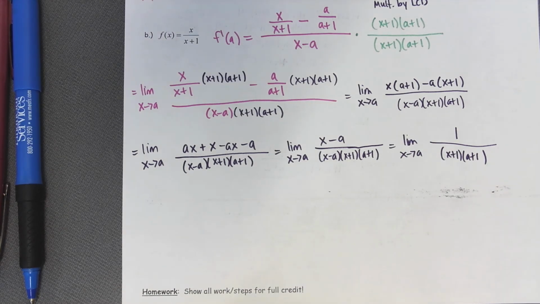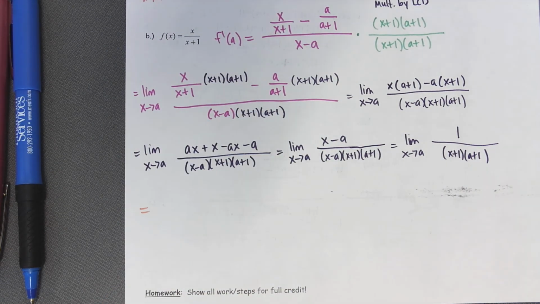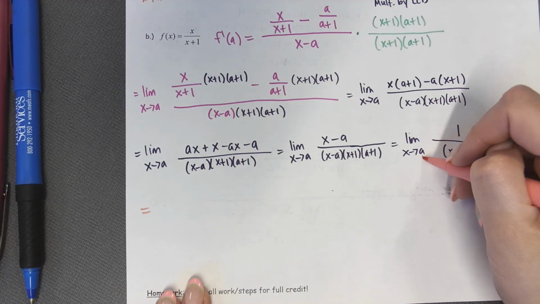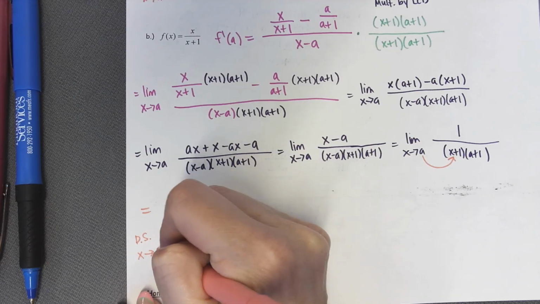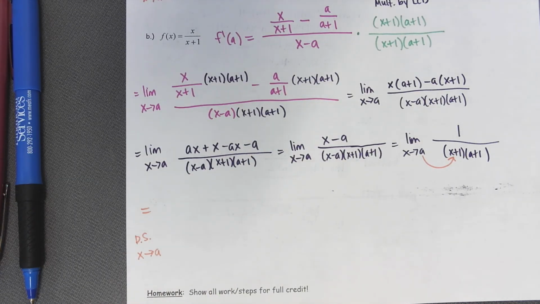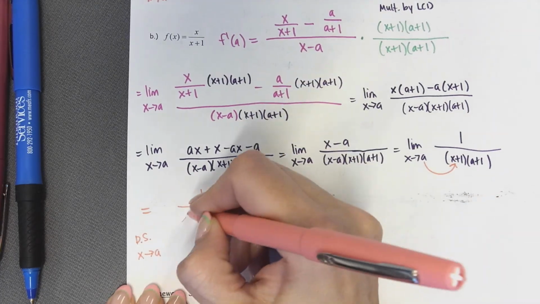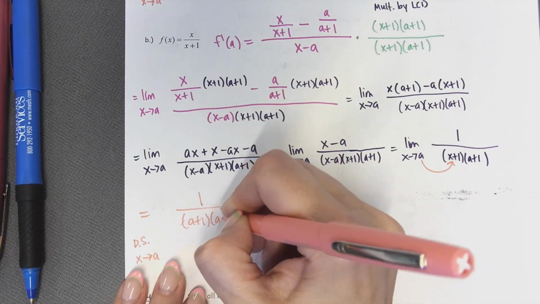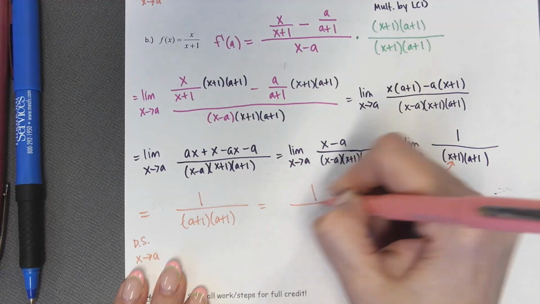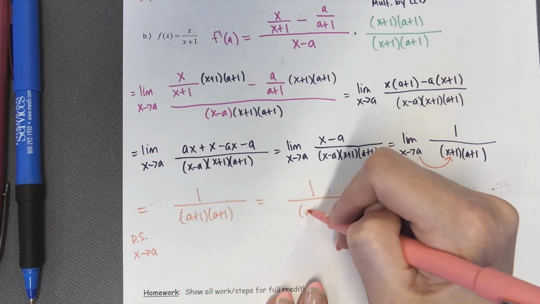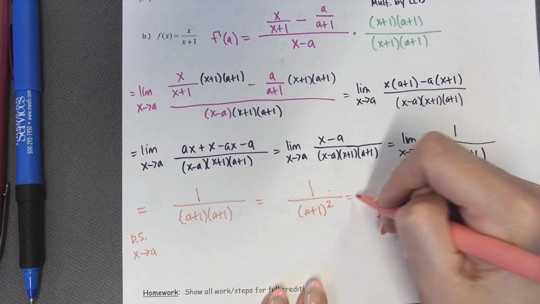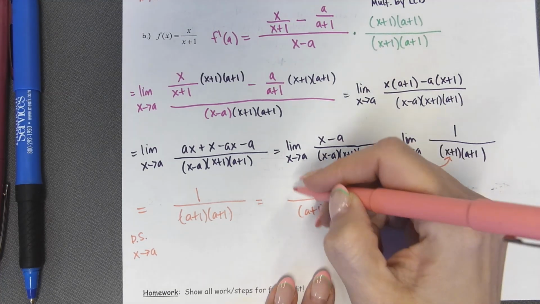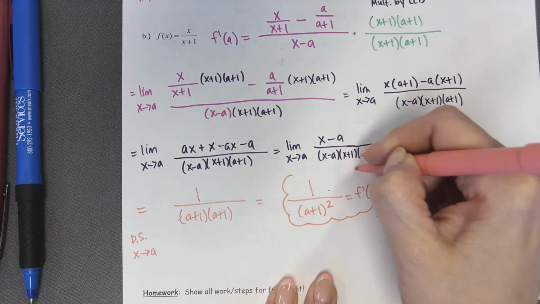Do you guys want to give that a try and see if you can simplify it? So you're plugging in the a for x. Then you'd have a plus 1 times a plus 1. How do we write that in simplest form? A plus 1 squared. So I'll just write the derivative like that. Yay!